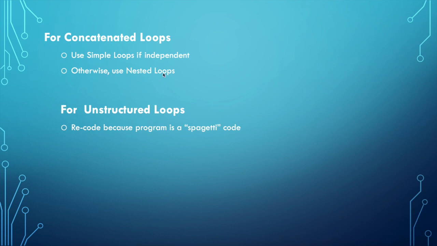So you keep one at minimum while you apply simple loops onto one of them, and you start testing each loop one after the other until you finish all the loops. And for unstructured loops, there is no other solution except to recode. You don't want spaghetti code. It's hard to trace in terms of debugging, so you have to recode and make it more structured.